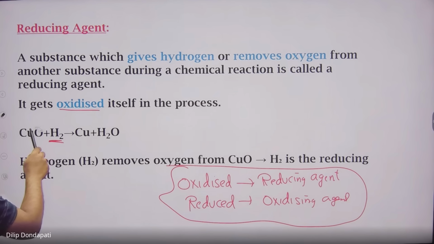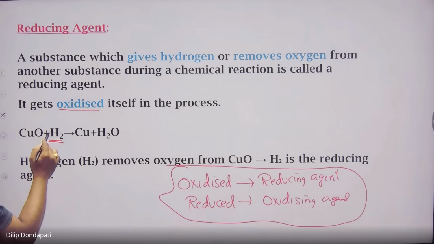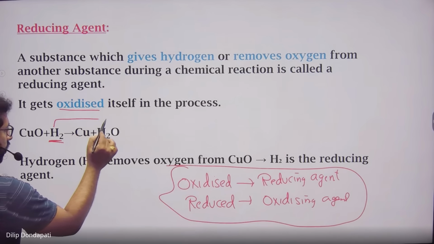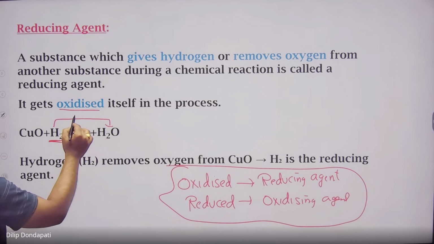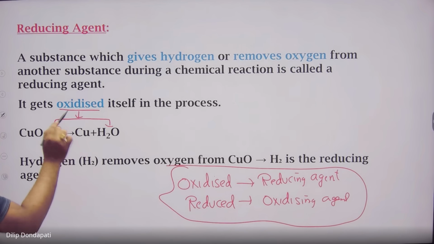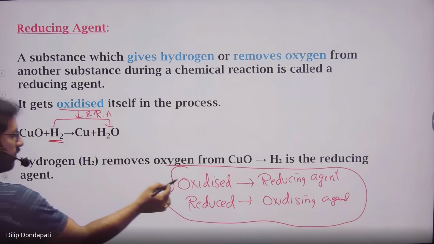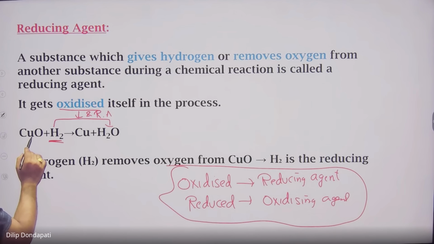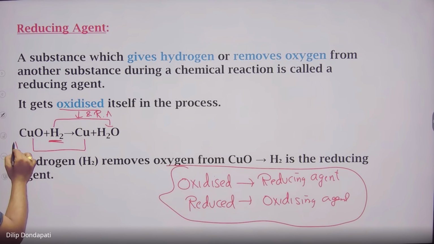So Janavi, tell me which is getting oxidized, which is gaining oxygen. H2, if you observe, H2 is becoming H2O. It is gaining oxygen. That's why it is called oxidized, right? Hence, it is a reducing agent, because what is oxidized is the reducing agent. Now, look, CuO is losing oxygen. That's why it is reduced.